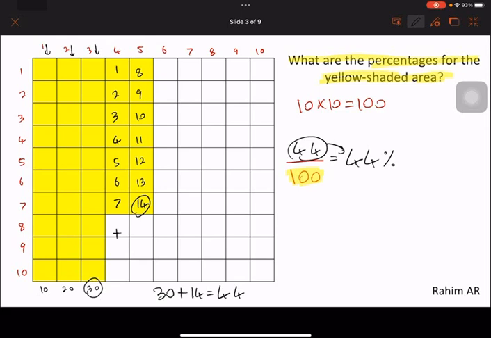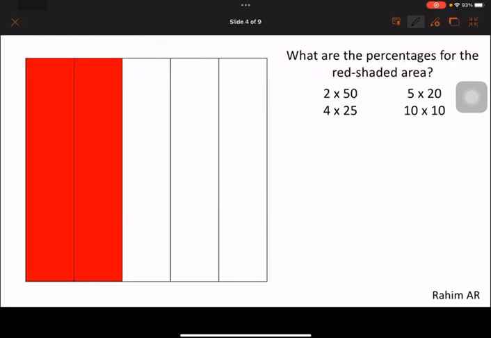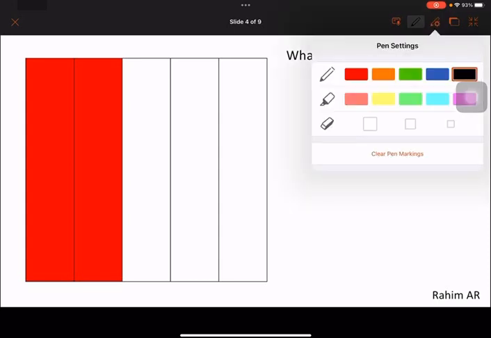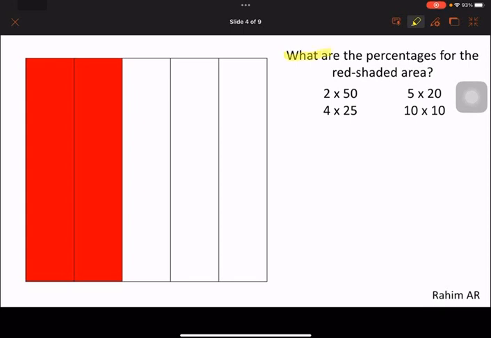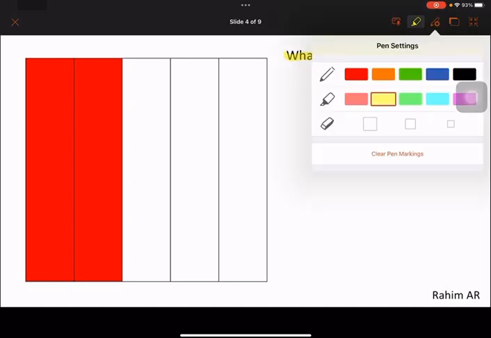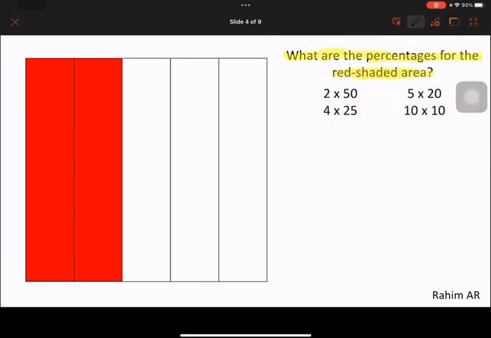But now we go to our next example. Again, read the question properly. What is the percentage for the red shaded area? It is asking for the red shaded area. First step, we have to write down the fraction. We have 2 for our numerator because we have 2 equal parts shaded by red.